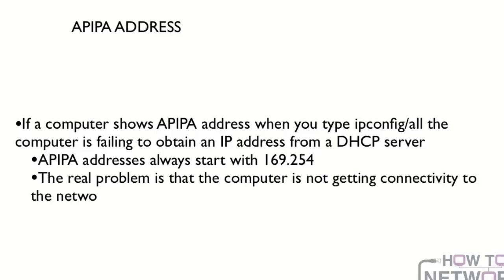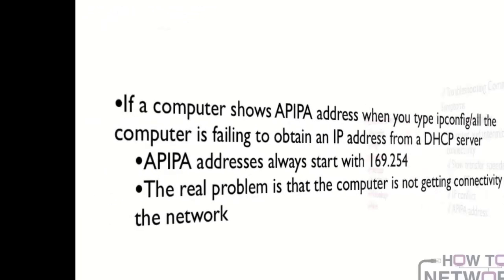The real problem is the computer's not getting connectivity. Maybe you're not plugged in. Maybe the DHCP server is down or your router is down. No matter what, the problem if you're getting an APIPA address is that it can't find a DHCP server. Any problem that could cause you not to get to a DHCP server, whether the DHCP server is down, your switch is down, or your cords are down, can be the actual problem.